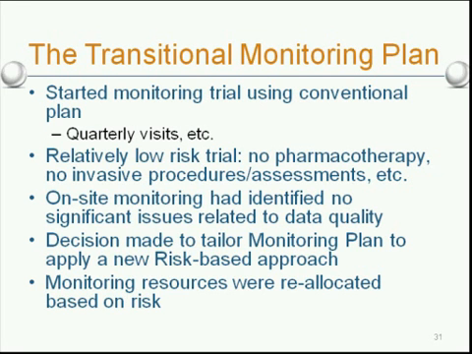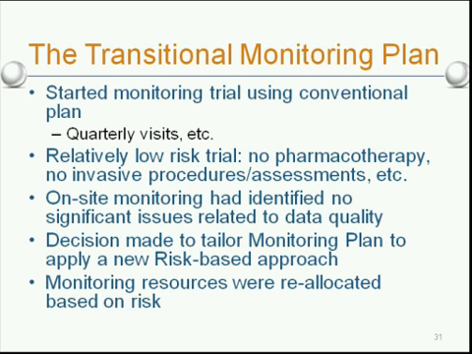We started off monitoring using the conventional plan. We did our quarterly visits and 100% of 10% of trial participants. It was a relatively low-risk trial. There was the behavioral intervention. There were few safety events reported, no pharmacotherapy involved, nothing particularly invasive, no blood draws, for instance.